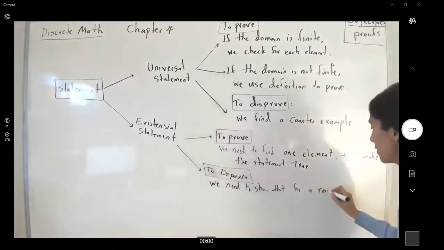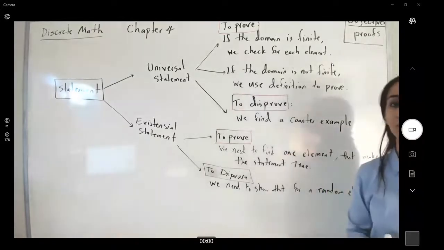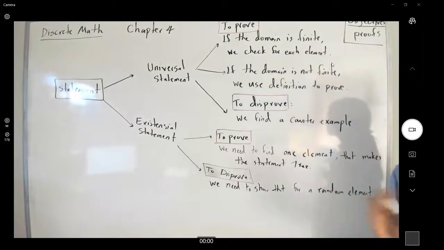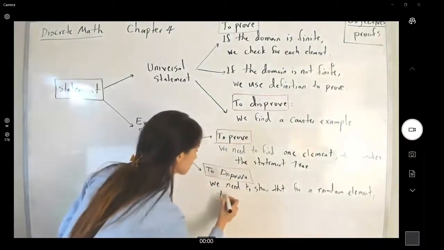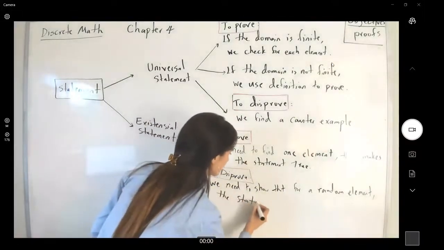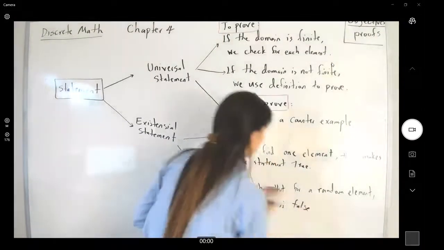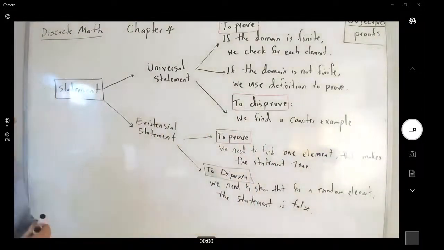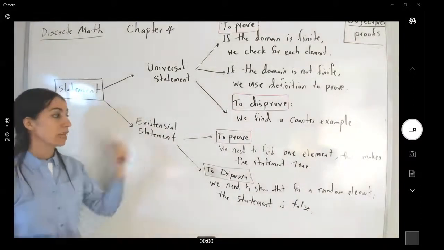It cannot be a specific number or value. It's a no-no. So we need to show that for a random element, the statement is false. Pretty straightforward. Universal statement, existential statement.